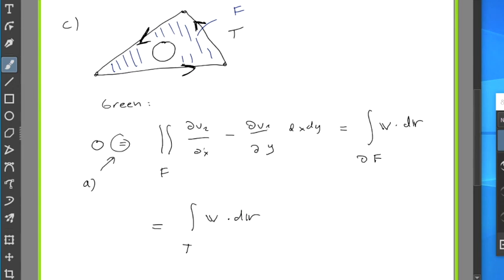And then we need to also take the line integral part of the inner circle into account, but there we need to go through the circle in a different direction. Only in this way is the area F on the left of us all the time.